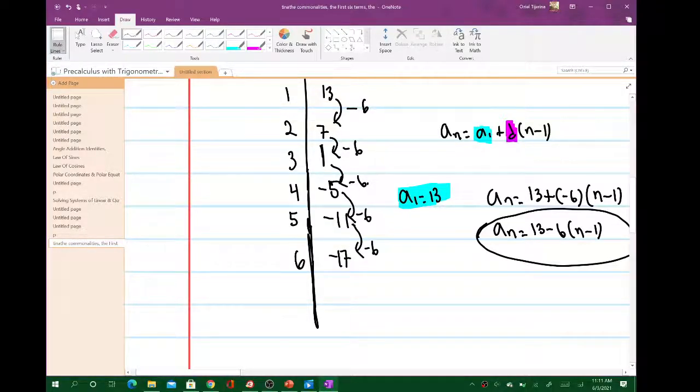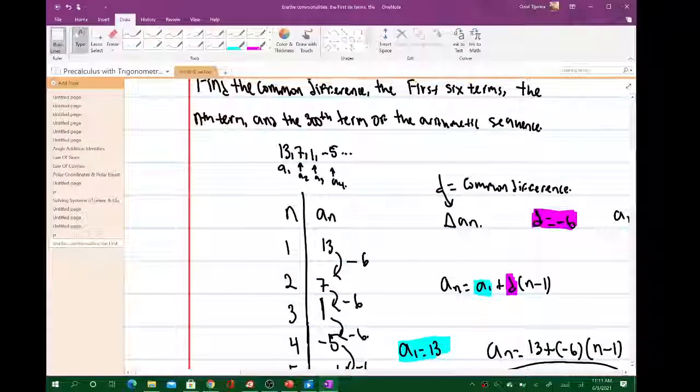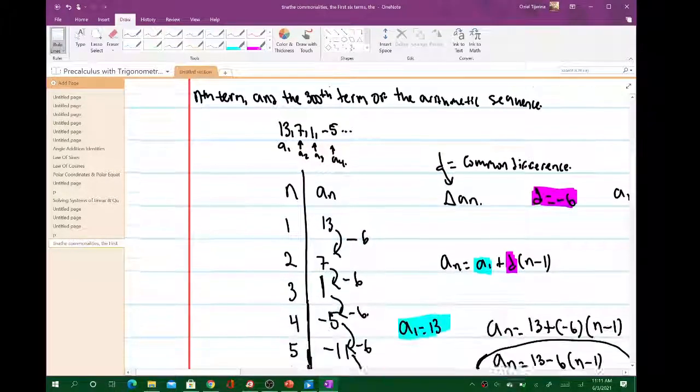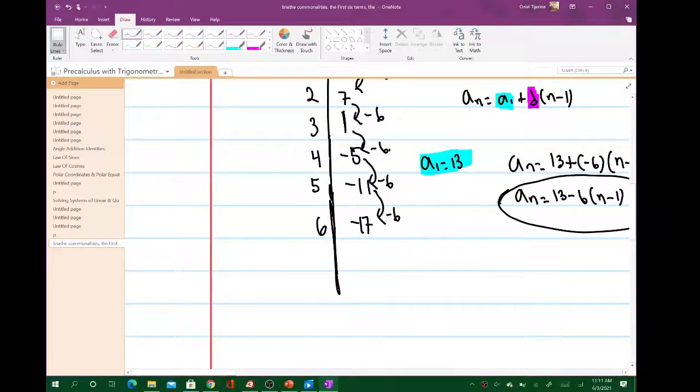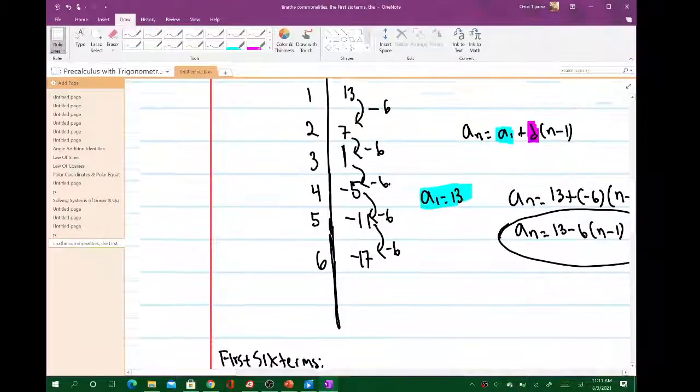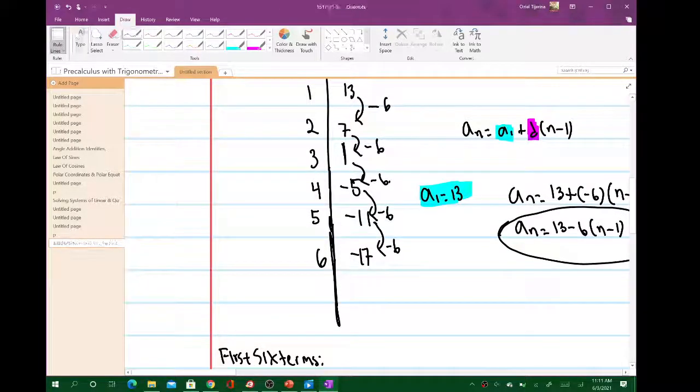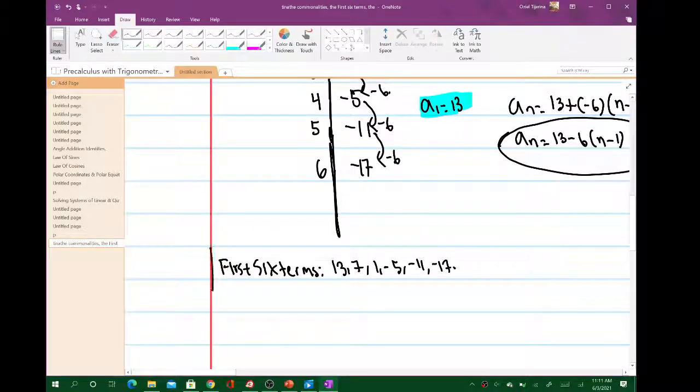They said the first 6 terms, so the first 6 terms are going to be 13, 7, 1, -5, -11, and -17. So we know that.